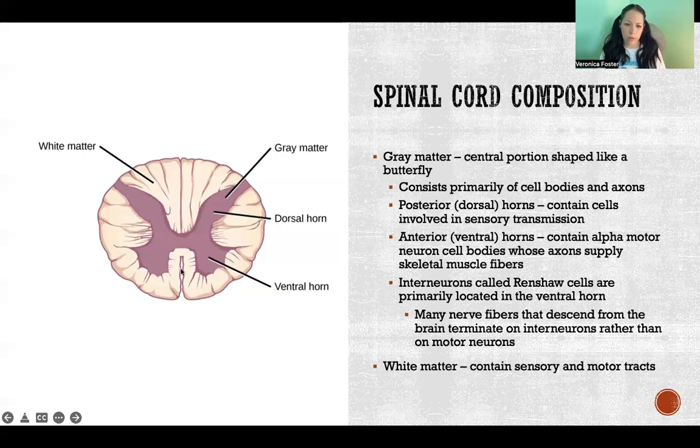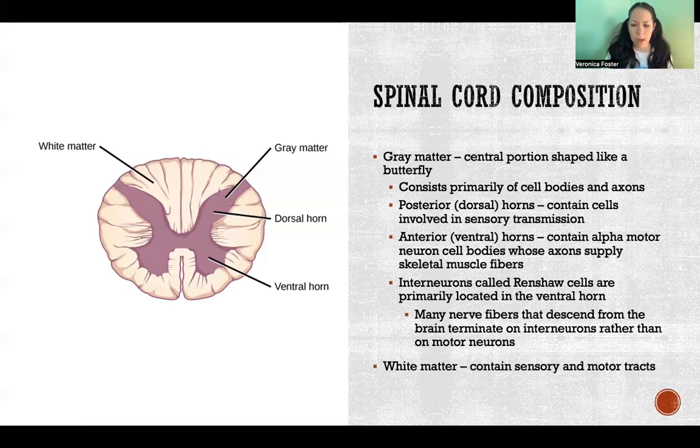And those interneurons can act to facilitate that signal, or they can inhibit that signal before it goes out to the motor neuron that then goes out to the effector. So it just gives an extra layer of control that's more local than what is coming from the brain.